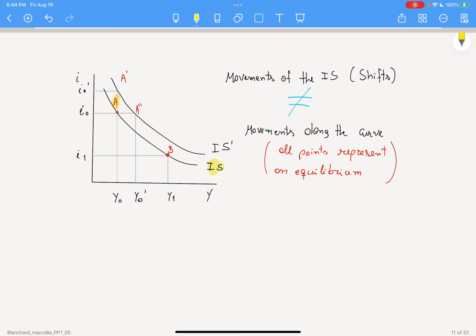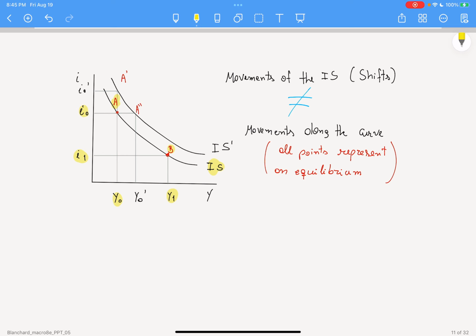This point establishes both y and I naught. What's the movement along the curve? Well, let's get this point B, and this point B, without changing the curve, will give me a new combination between the interest rate and the output. If we go from A to B, we can say the following. In A, we have y and I naught.